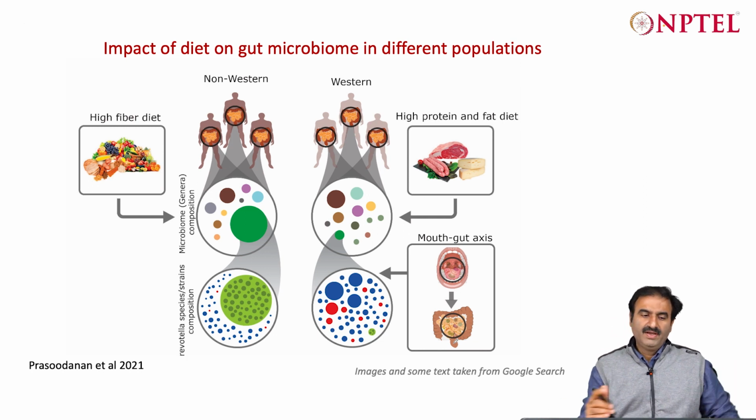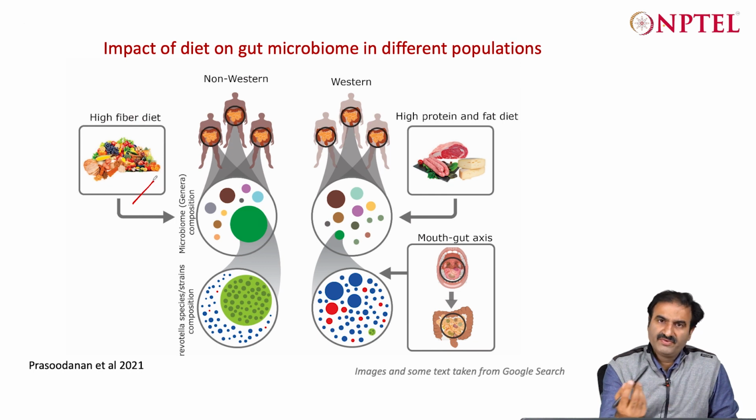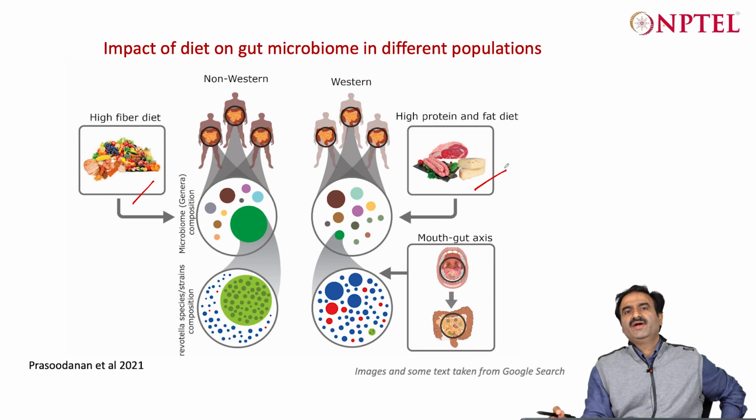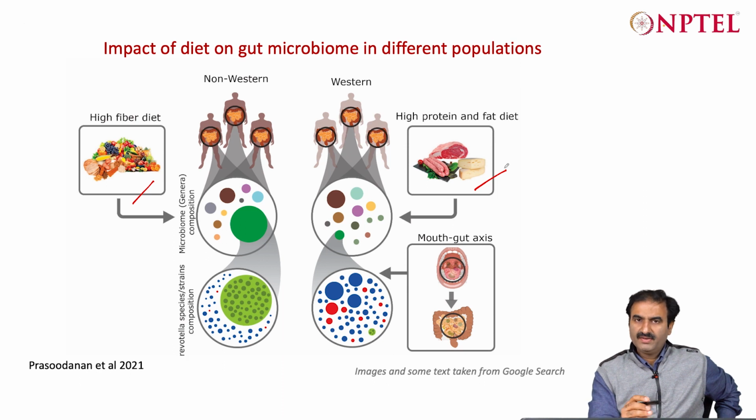For example, the high fiber rich diet, which is typically a non-Western diet, whereas high protein and high fat diet is typically a Western diet. And so basically people have found that the good or healthy microbes are more in the non-Western microbiomes, which typically consume the high fiber diet.